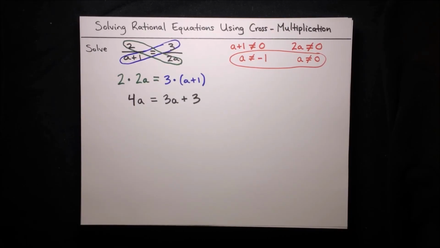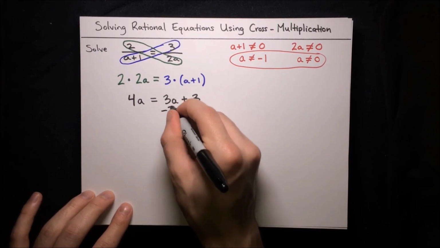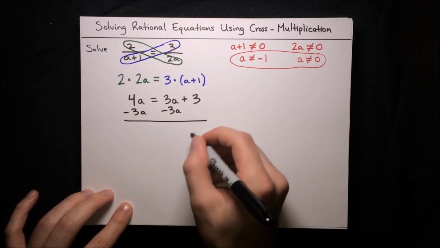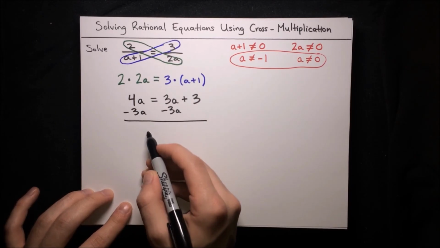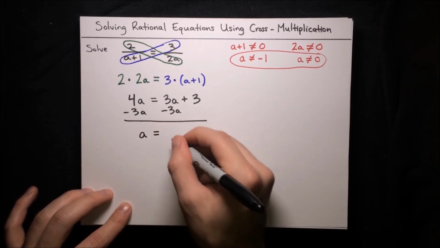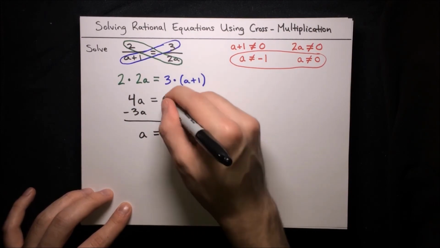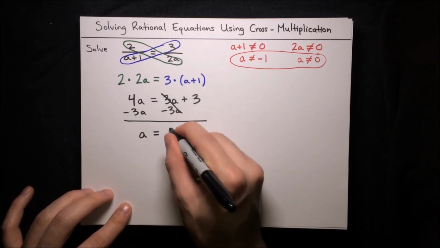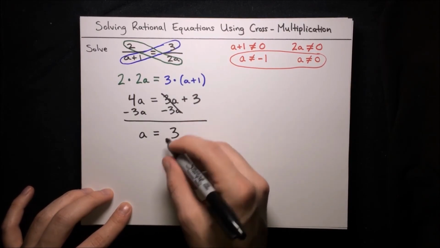So let's subtract 3a from both sides. The result, 4a minus 3a, is just a. On the right-hand side, 3a minus 3a cancels out, and all we've got left is the plus 3, so just 3. So there we go, a is 3.